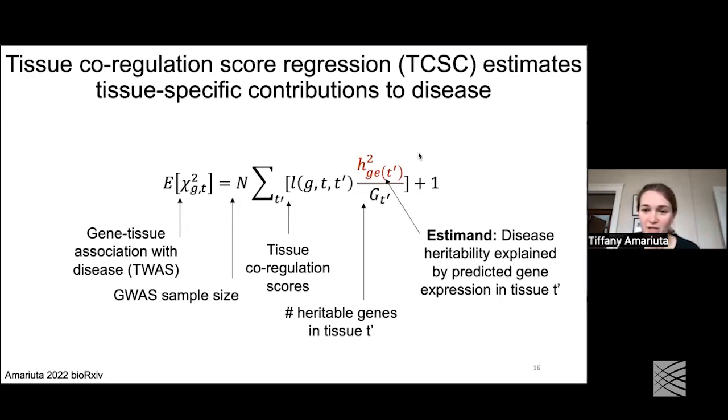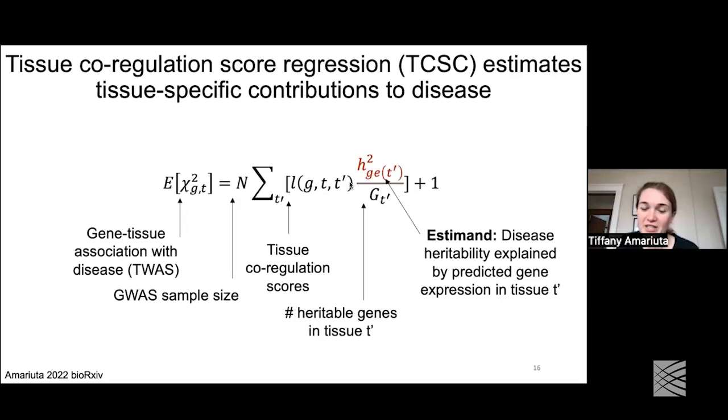In this summation over all tissues T prime, for example all tissues in the GTEx database, we take a sum of the co-regulation scores that we've computed on the previous slide. This notation refers to the total co-regulation of gene G in tissue T, the focal pair, with every other tissue T prime.